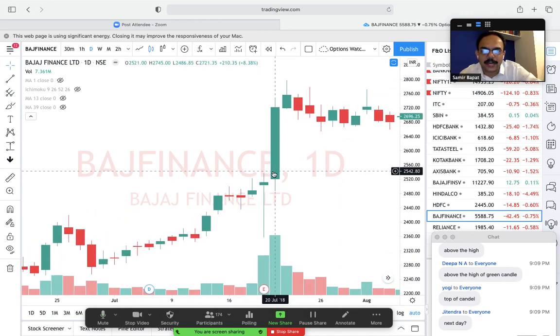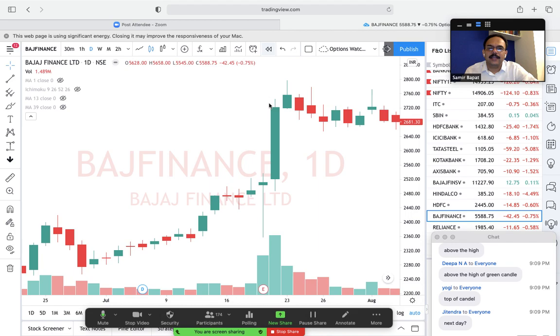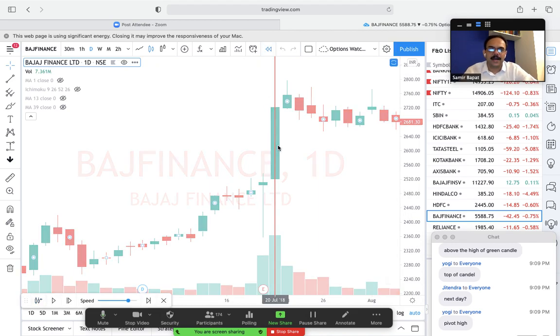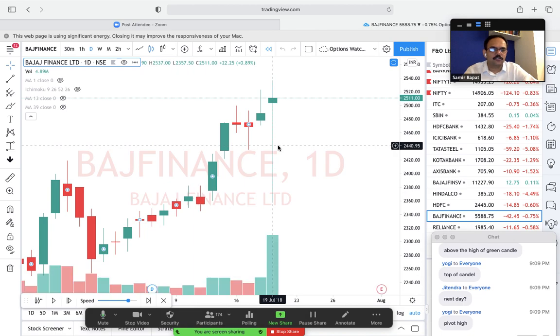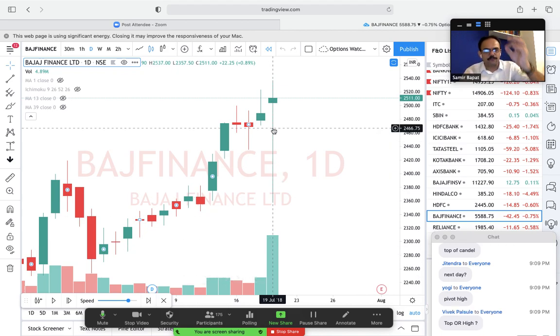So we will look at this candle, and no, not pivot high. This is strategy 2. This is only 1 day observation, right? So this is only for this day.